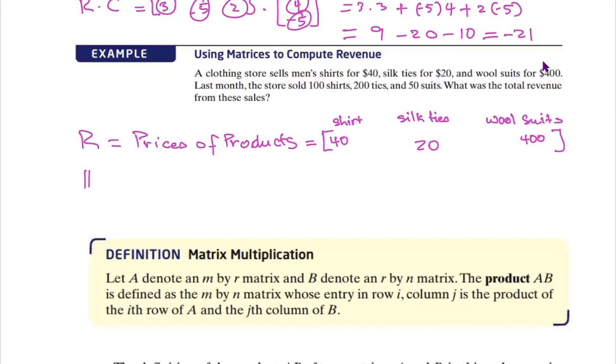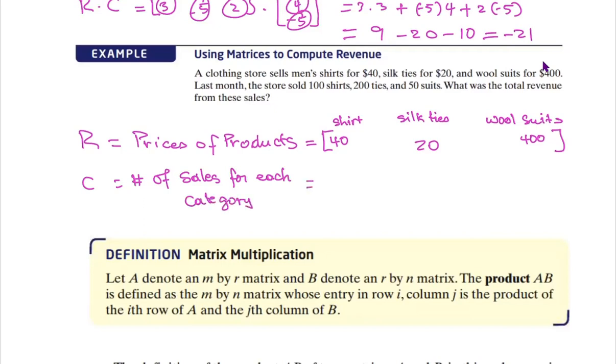So that's the column number of sales for each category. Right?